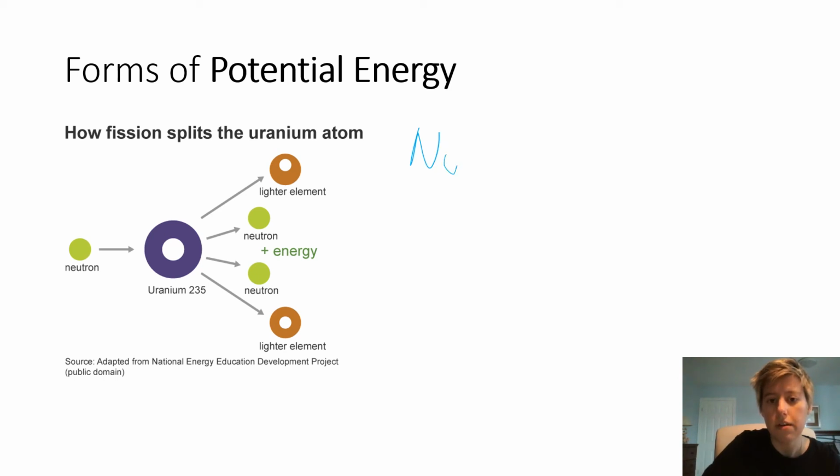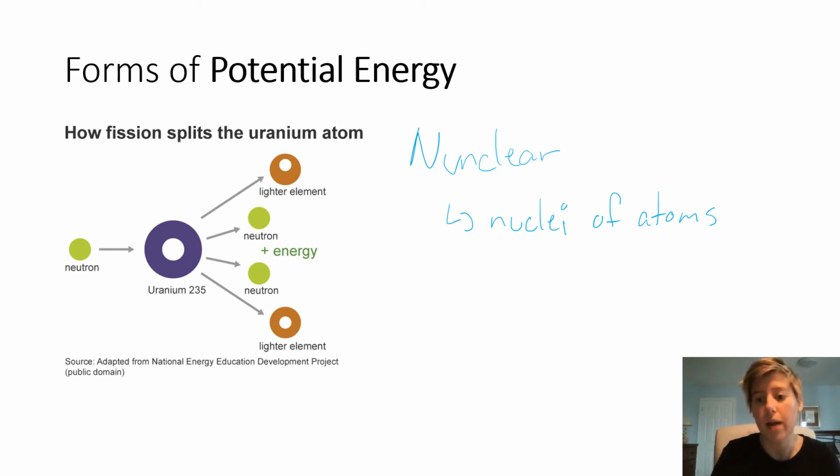So when we're looking at nuclear energy, we're talking about energy that is stored within the nuclei of atoms. And the only time that this energy is released is when I have one of my two types of nuclear reactions. So fission or fusion. So this image right here is looking at fission. And when I'm talking about nuclear fission, I'm basically splitting a relatively large atom into lighter elements.